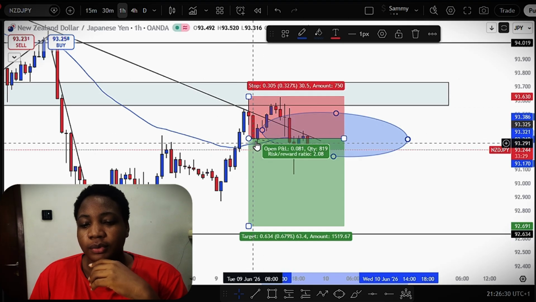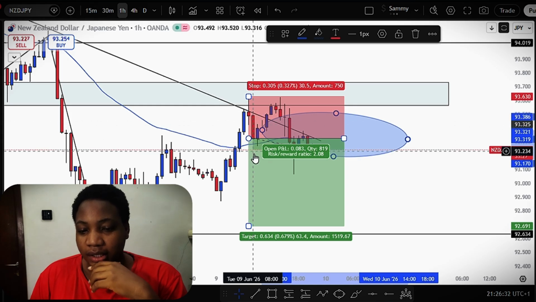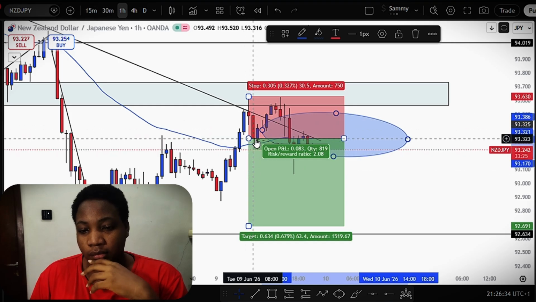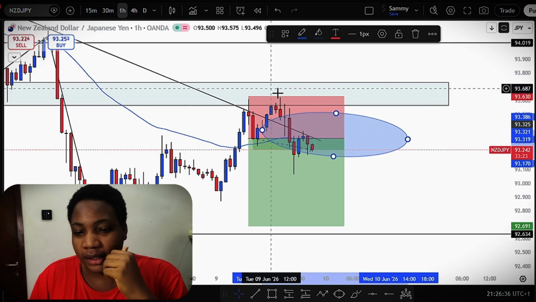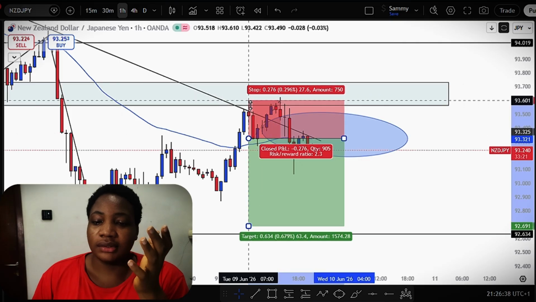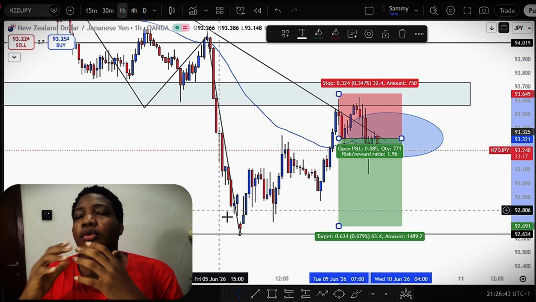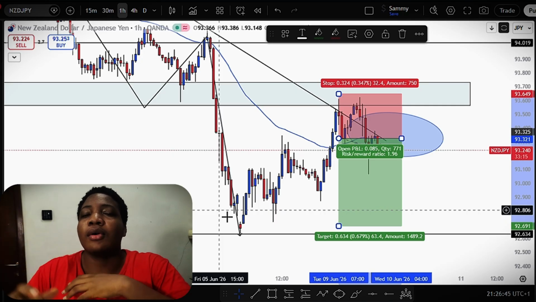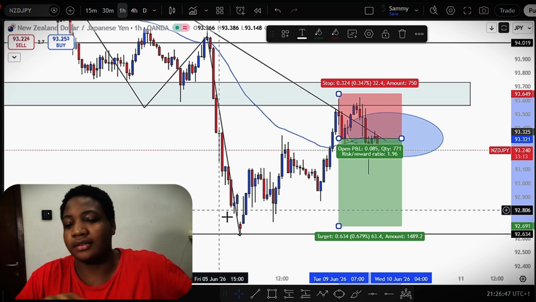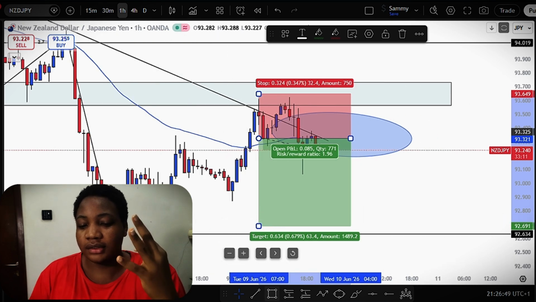So people will try to sell at this place. But I don't roll like that, because your stop loss might even be hit, or because I don't just look at where price is or the confirmation that price is giving. I look at three things.